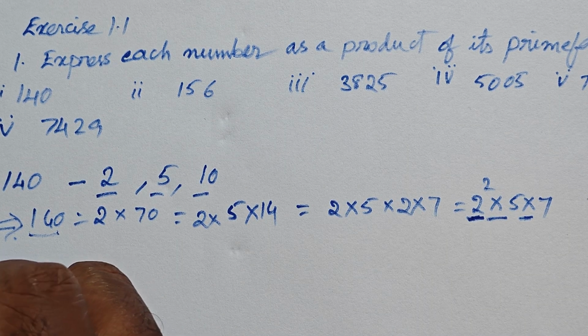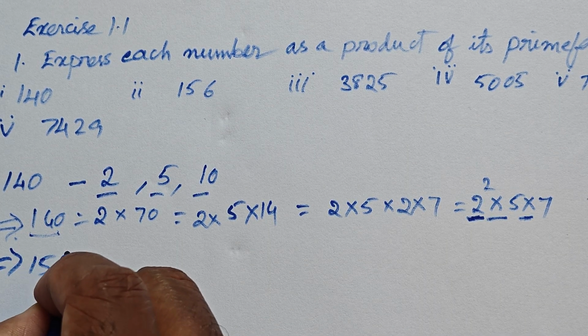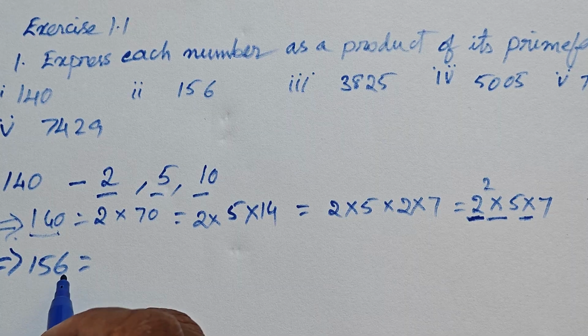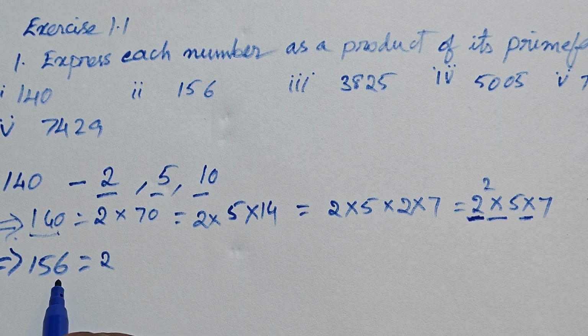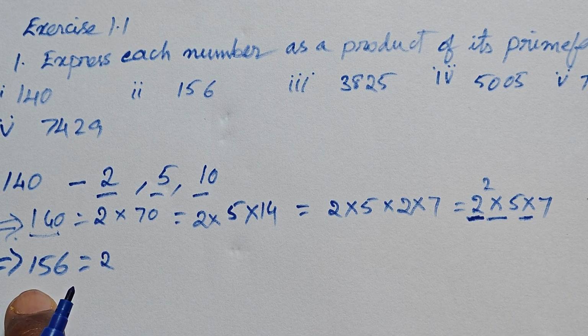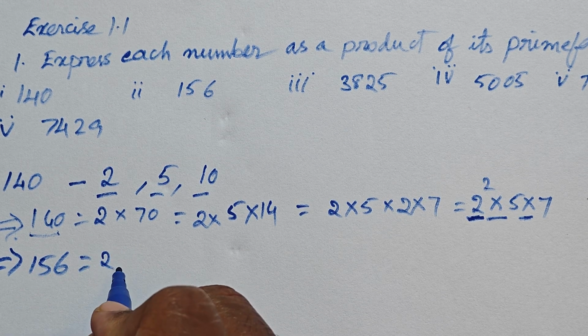Suppose next we take 156. A number ending in 0, 2, 4, 6 or 8 is definitely divisible by 2. Whether it is divisible by 3, we can check: 1 plus 5 plus 6 is 12, which is divisible by 3, so that is also possible.